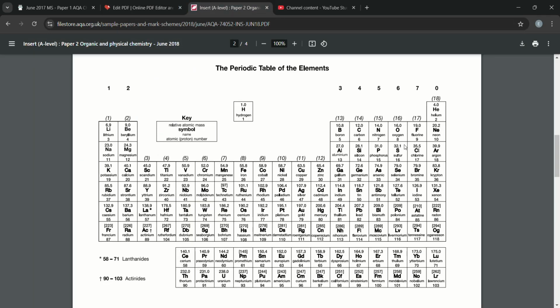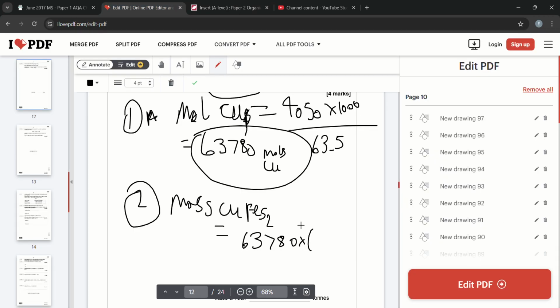Copper is 63.5, Fe is 55.8, and S2 is 32.1 times 2. That'll give you an Mr of 183.5. Therefore, the mass of this is 1.17 times 10 to the power 7 grams.